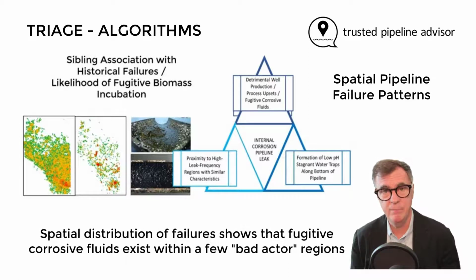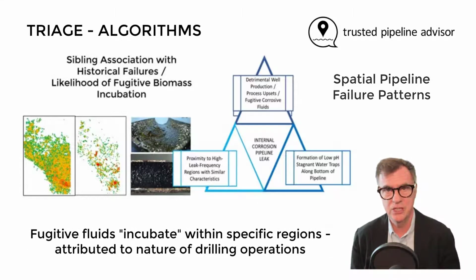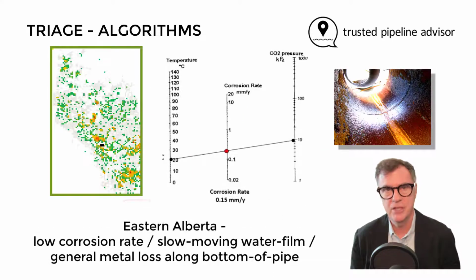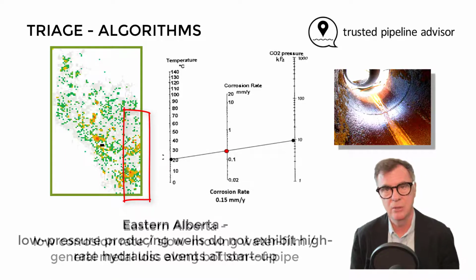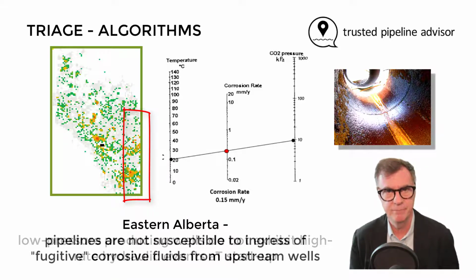Spatial pipeline failure patterns affirm how specific stimulation and production practices contribute to corrosion susceptibility within clustered geographical regions. In southeast and eastern Alberta, the dominant failure mode is attributed to long residence time water film transport and slow corrosion rates, normally contributing to an operating lifetime of 20 to 30 years, the run-of-the-mill corrosion mechanism.